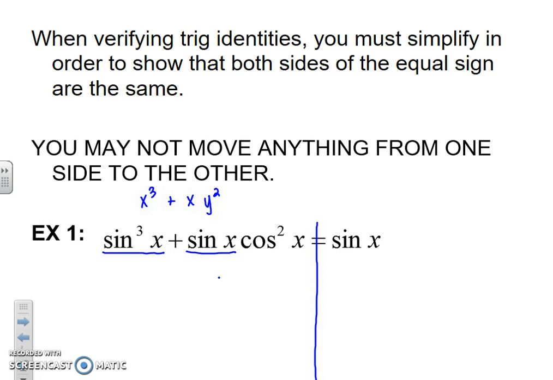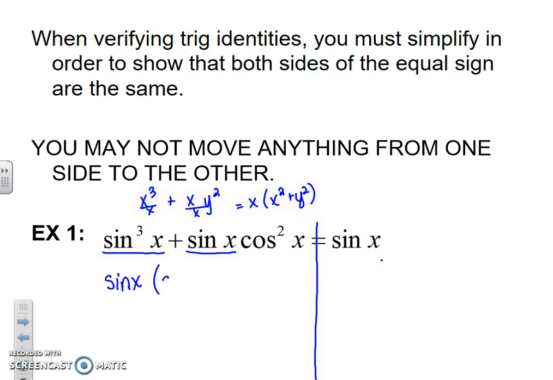So if we do this side example to remember to factor out that x, I would divide both of these by x, write that out front, and that would leave x squared plus y squared on the inside. Similarly here, we're going to factor out a sine x.